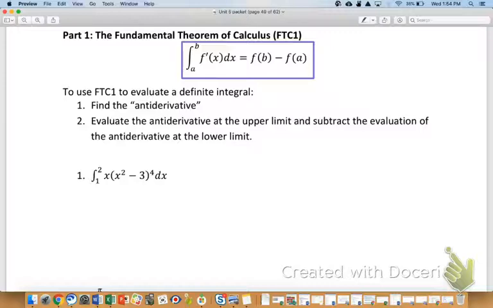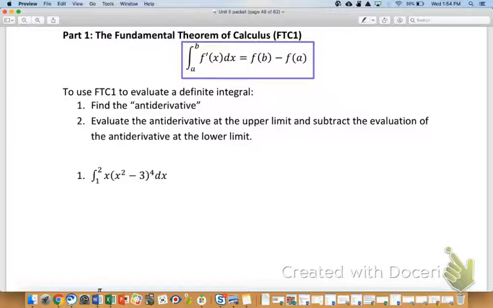What does the tall skinny s mean? It's an antiderivative, an indefinite integral. So what's the antiderivative of a derivative? The original function, right? Don't they cancel out? They cancel out. So the antiderivative of a derivative just cancels out, and so maybe that makes sense that the antiderivative of f prime would just be f of x, right?